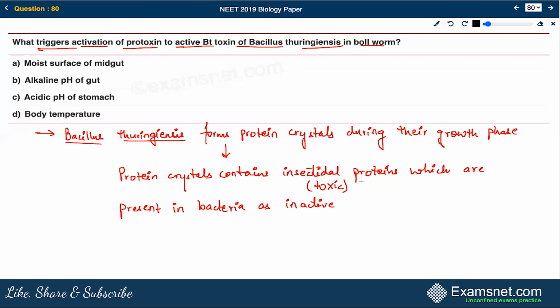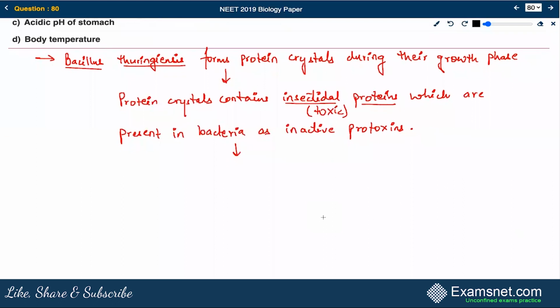So these insecticidal proteins are found in the bacteria as inactive protoxins. But the question that arises in our mind is, how will these inactive protoxins be converted into active toxins? They will only be converted into active toxins once they are ingested by the bollworms.